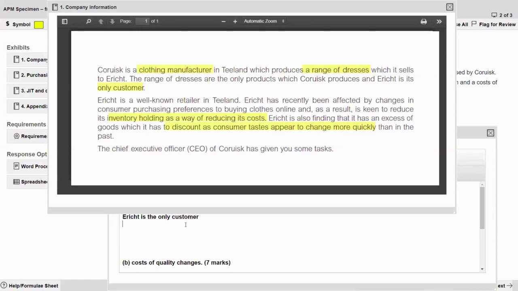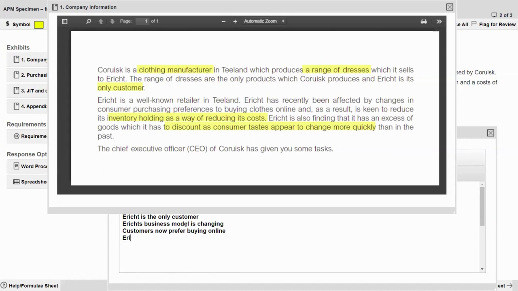And Arid's business model is changing. Customers now prefer buying online. I'm just listing down key points, then I'm going to write down the answer.